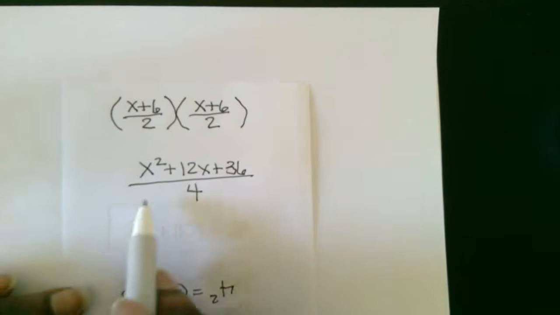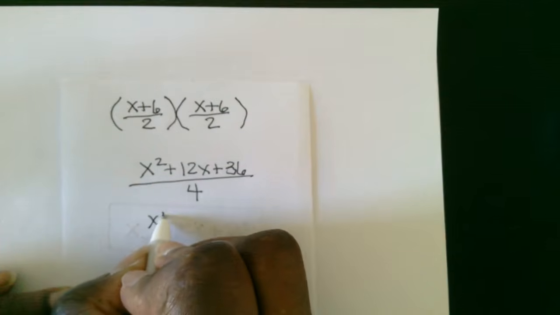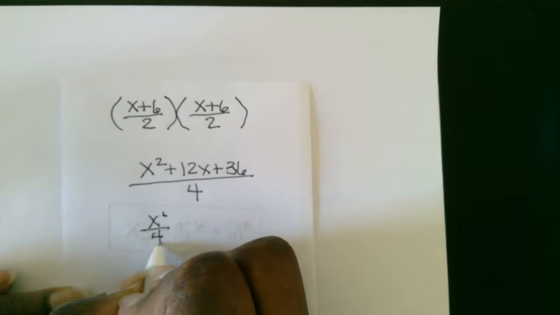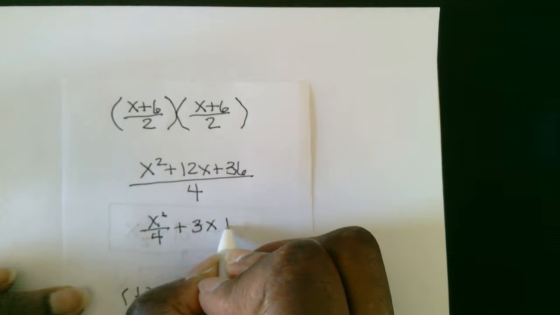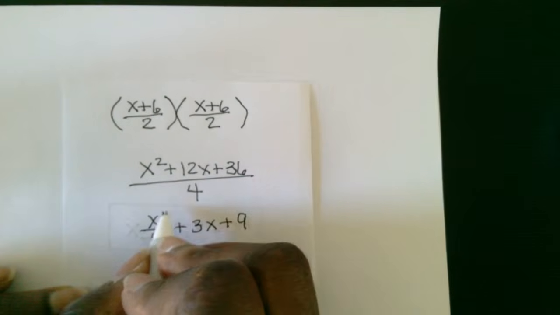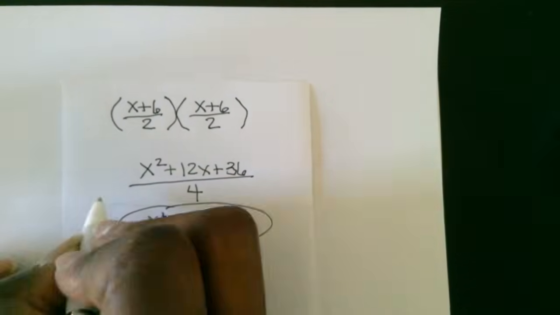And if you want to simplify that, this will be x squared over 4 plus 3x plus 9, if you wanted to take it that far.